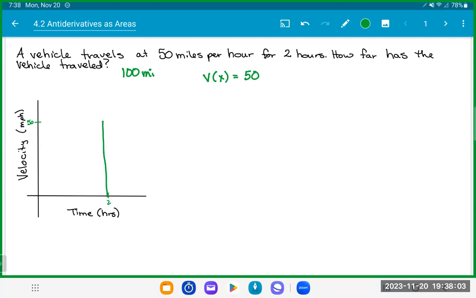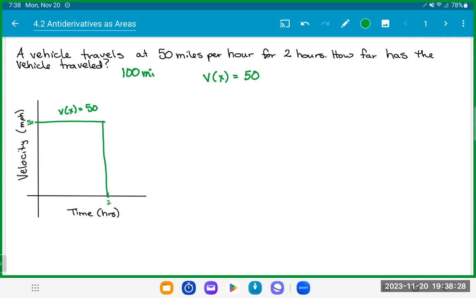Because we've gone 2 hours. And our function for our velocity is v of x equals 50, okay? And that's because I've held it constant the whole time. From 0 to 2 hours, I kept this speed of 50 miles per hour.